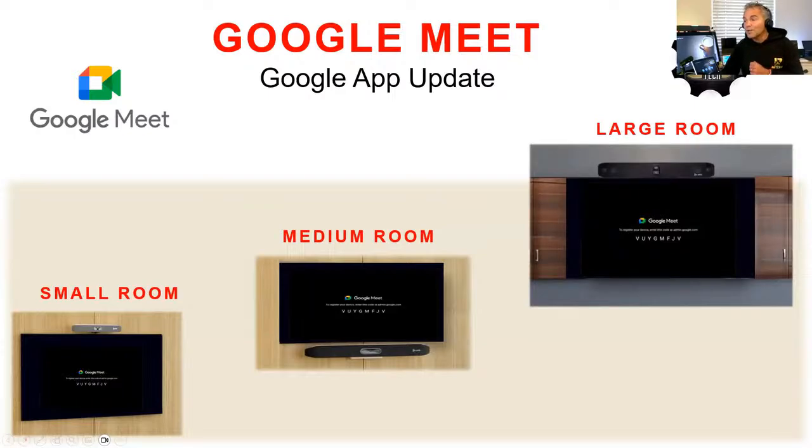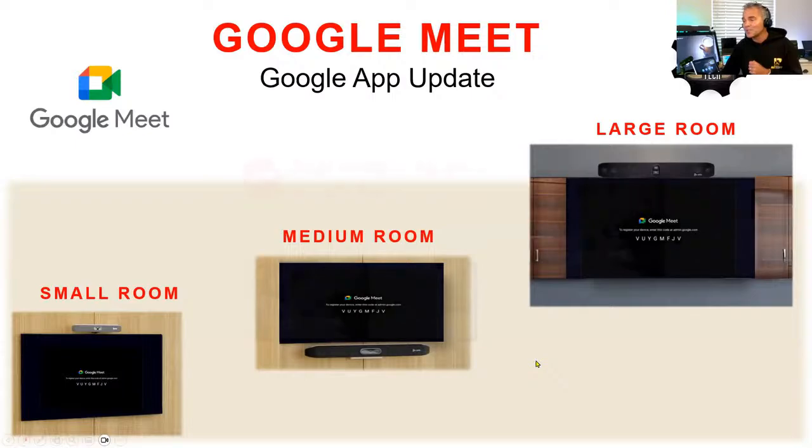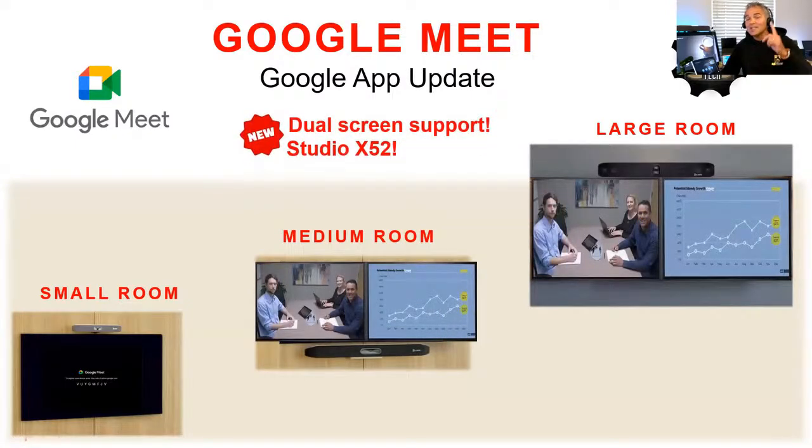Now, there's one new feature which is available, and I know that quite some customers are waiting for it, which is the dual screen support. So we have now in the Google Meet app the latest application, which will automatically be installed. As soon as you hook it up, you will get updates from the Zoom platform.